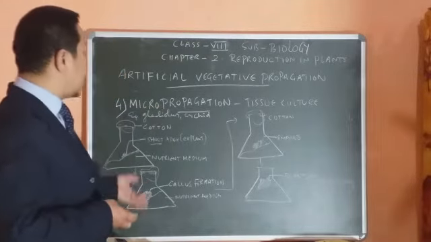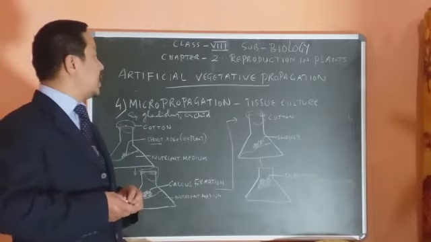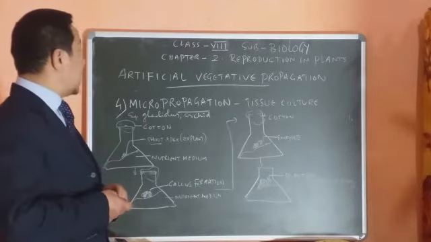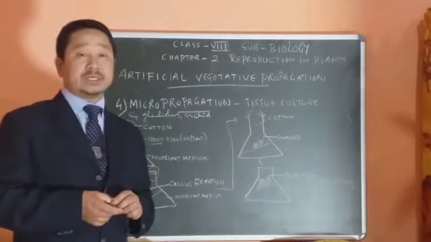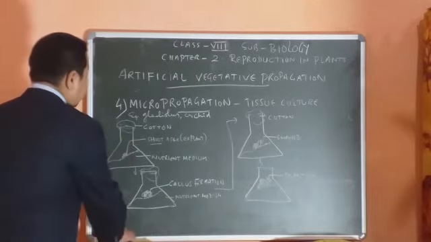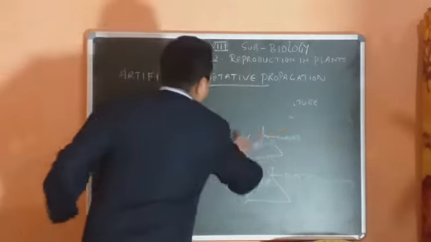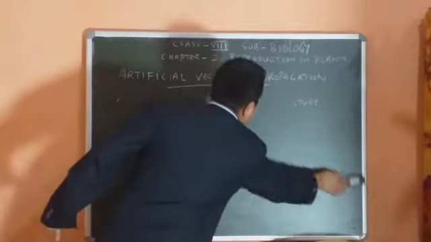This is how micropropagation is done. So these are the 4 different types of artificial vegetative propagation that we can do.